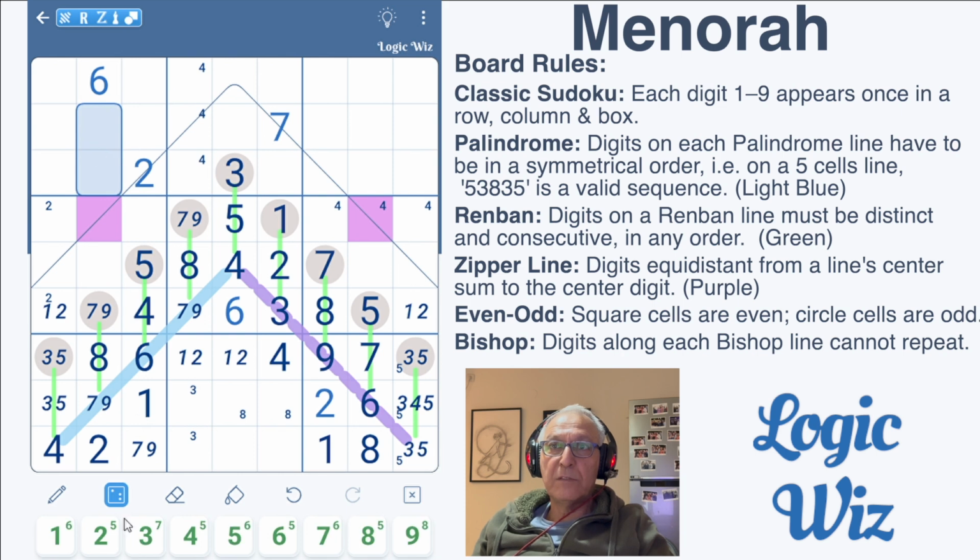One of these two must be a 5, because we have a 5 here and we have a 5 here. One of this must be a 5.